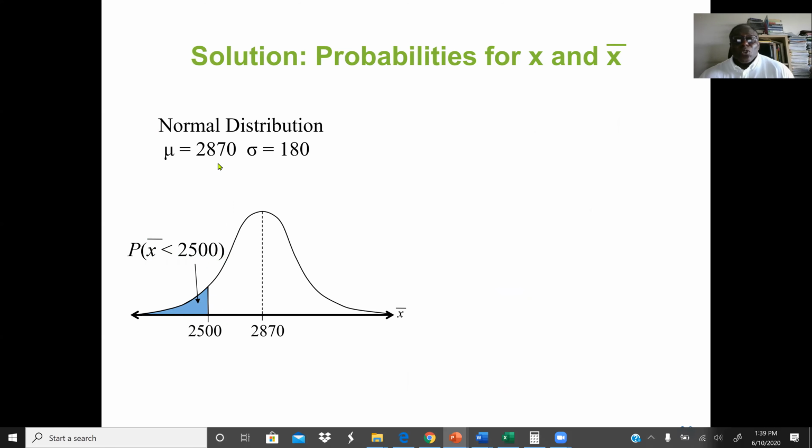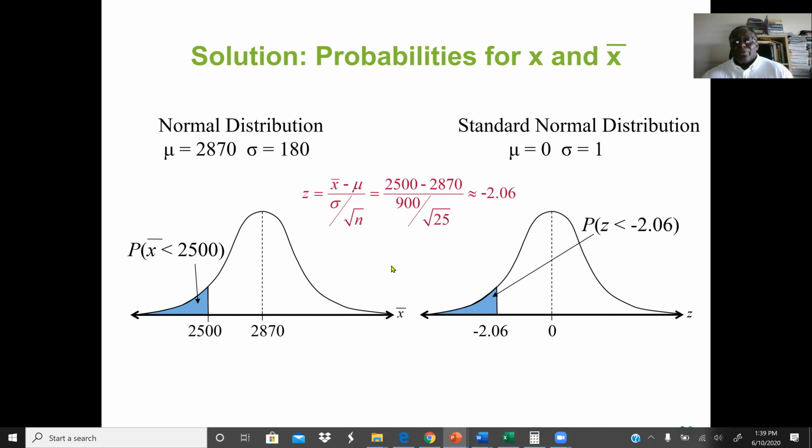So our normal distribution has a mean of 2870 and a standard deviation of 180. Our question is the probability that the X bar value will be less than 2,500. So we go to the left, and we look for the P value, and the answer will be 0.0197.